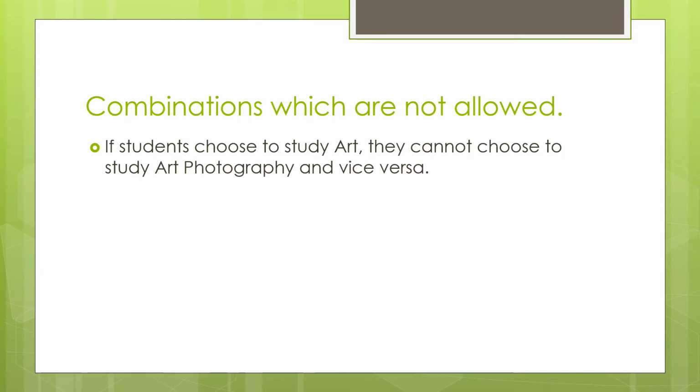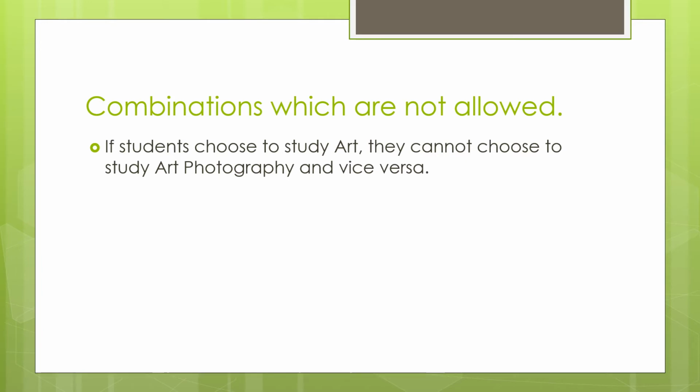There are a number of other potential combinations of subjects which we would advise strongly against pursuing, but those combinations of subjects very, very rarely come up as students are making their choices.